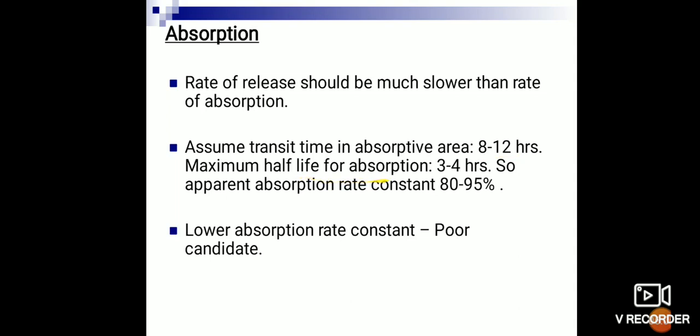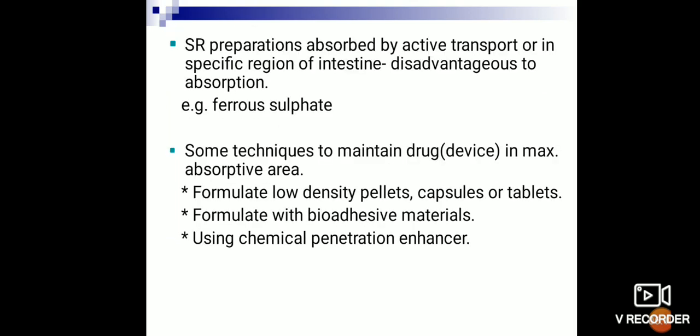The maximum half-life for absorption is 3 to 4 hours. So the apparent absorption rate constant is 80 to 95%. A lower absorption rate constant means a poor candidate. SR preparations are absorbed by active transport or in a specific region of intestine. A disadvantage to absorption is seen with ferrous sulfate. So here the particular drug has an absorption window in a particular area.